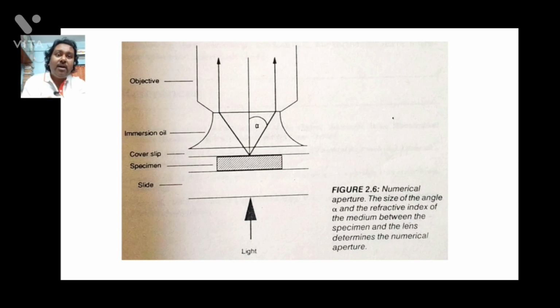And in the case of the oil immersion objective, the maximum numerical aperture is 1.4, but the maximum theta value theoretically is 90 degrees. According to Abbe's equation, numerical aperture NA is equal to n sin theta. n is the refractive index of the medium.